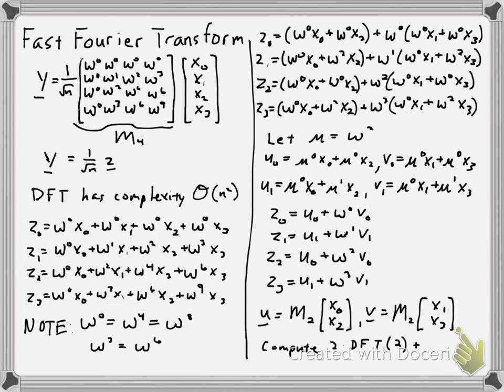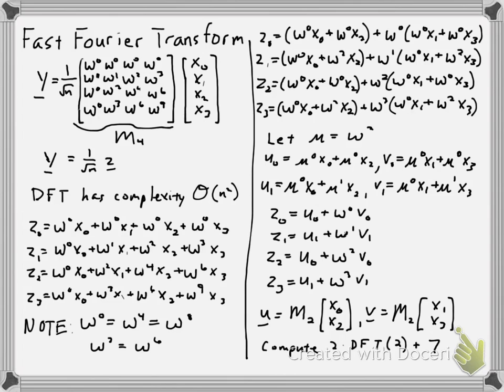So in this case, I'll just add the 7 and then we'll generalize. If you look at z, you see the product of omega to a certain power times the components of v. There's really only 3 multiplications because omega to the 0 is 1, and then we're just doing 4 additions.